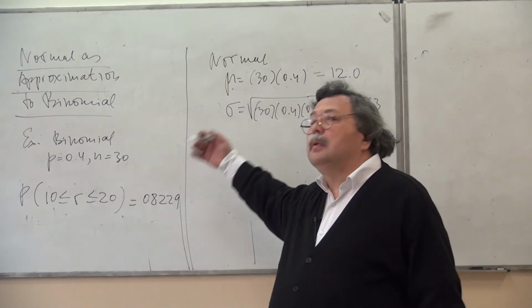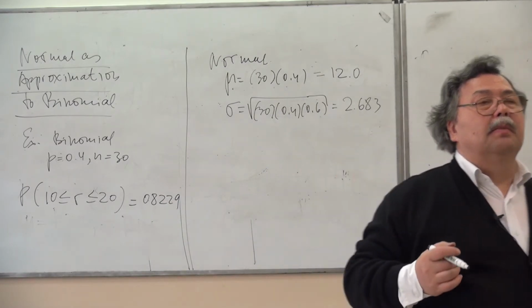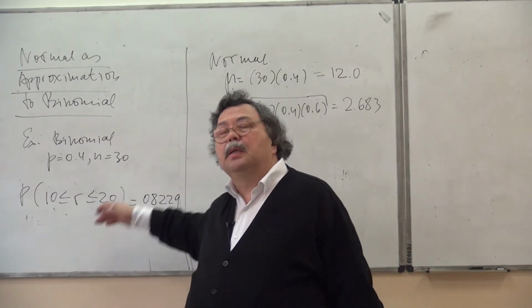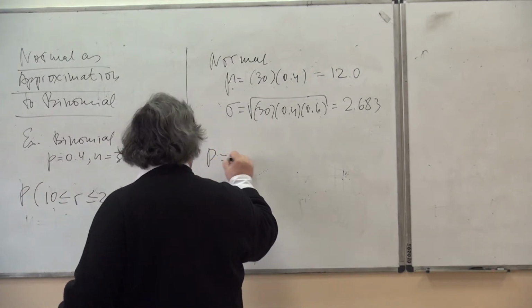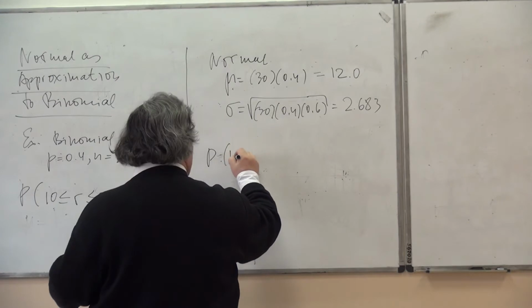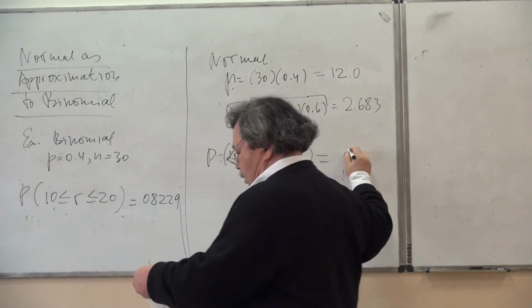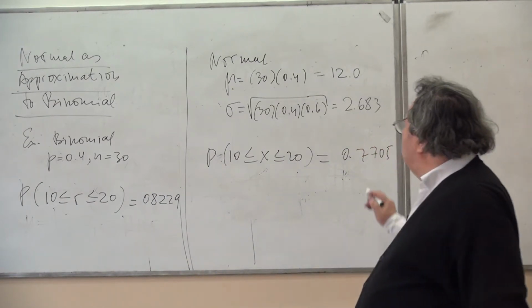So we compare this binomial with this normal, and we want to see whether the normal here is a good approximation to the binomial. Let's compute the same probability using the normal now, okay? And this probability is, okay, look at this.